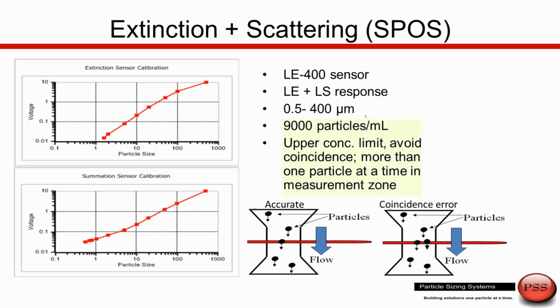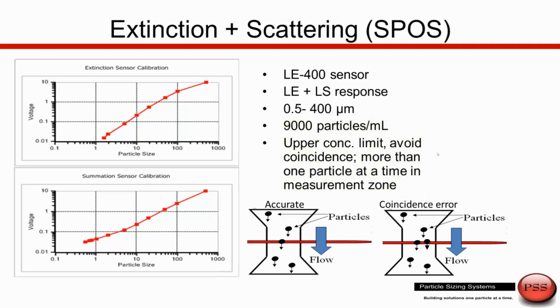There's a concentration limit of the sensor of 9,000 particles per ml. If we exceed 9,000 particles per ml, then we have concern there may be a coincidence error associated with the result, and we want to avoid that. So it's just another physical aspect of the specification of the sensor we need to be aware of, and this may affect how we prepare the sample prior to measurement.